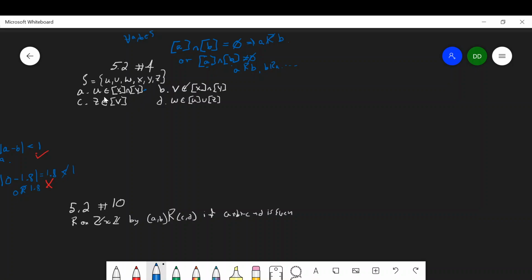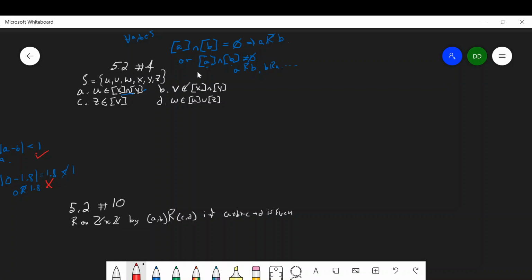It's telling me, hey, this element U is in both the equivalence class containing X and the equivalence class containing Y. This is a really loaded bit of information because it's telling me two things. One, it's saying that the equivalence class containing X and the equivalence class containing Y are not disjoint.